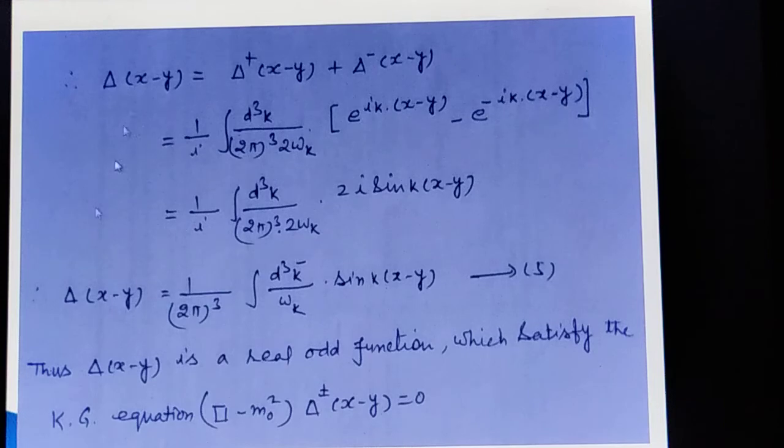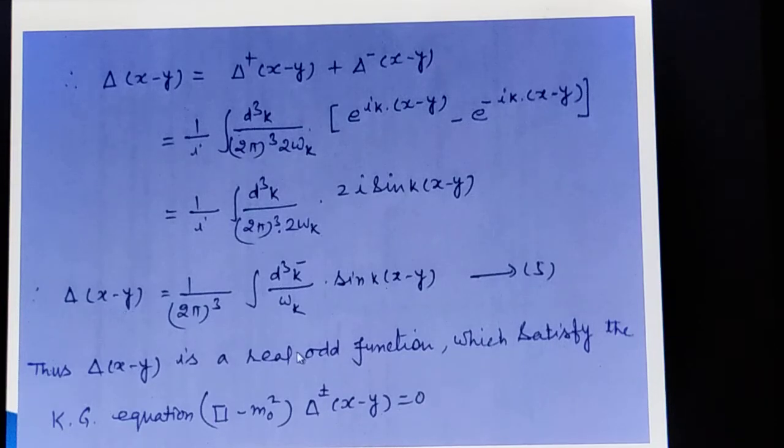So delta x minus y will be equivalent to 1 over (2 pi) cube times the integration of d3k over omega k times sine of k (x minus y). So clearly delta x minus y is a real odd function because you have sine terms here.